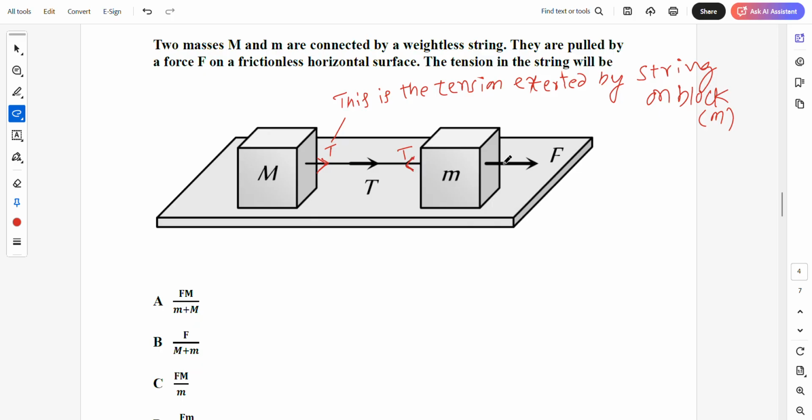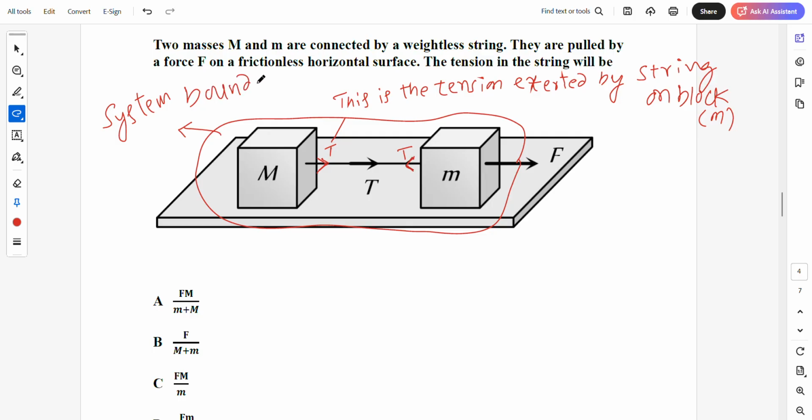Now how to calculate the tension? First you are supposed to calculate the acceleration. I will take this as the system boundary. If this is a system and the acceleration is A, this whole thing is one block of mass M plus m.